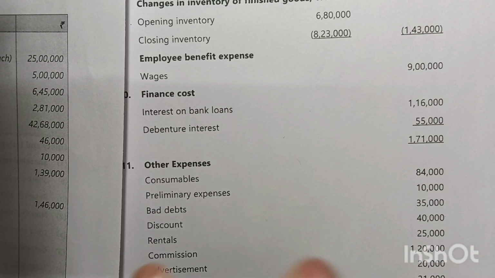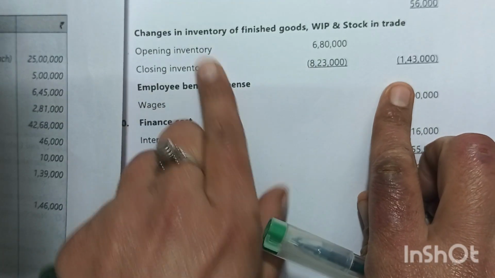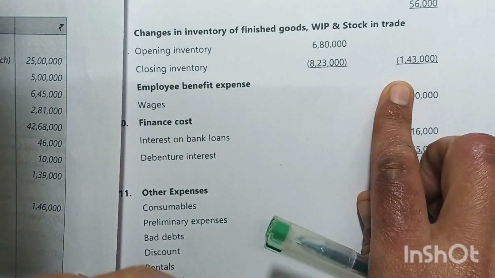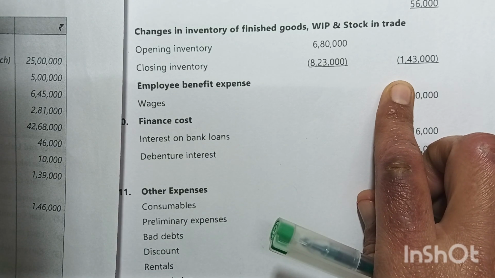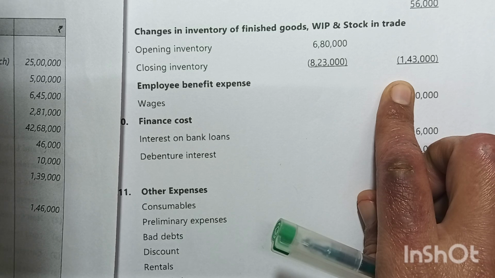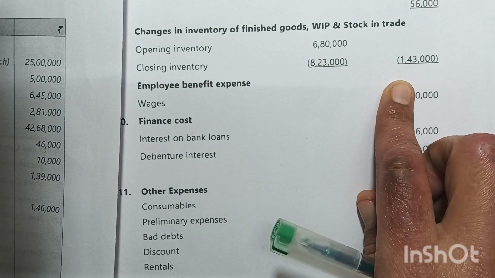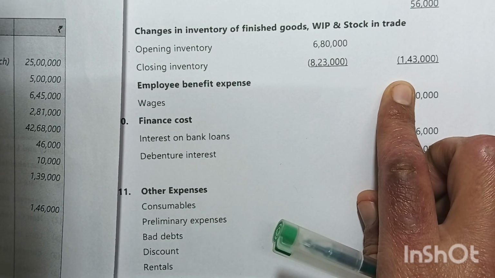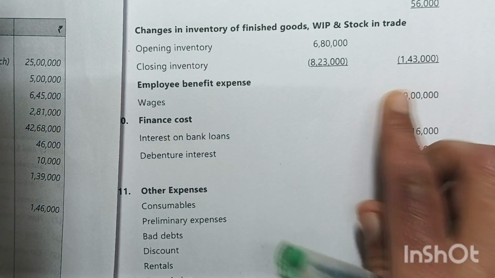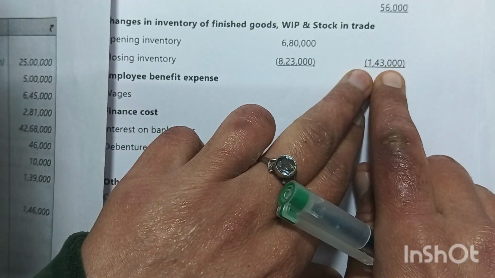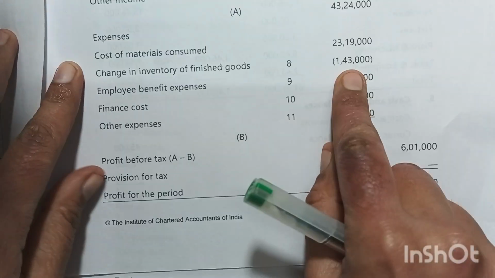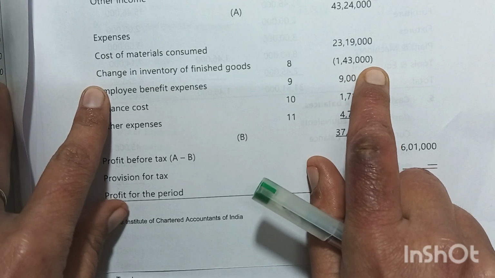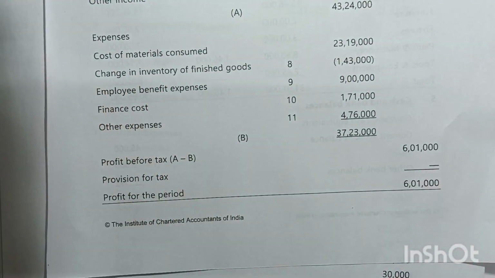It is a direct expense for us, so we consider it as a change in inventory. From the change in inventory we see how much we have purchased, or the level of our expenses for stock purposes. So that's why we will take the difference as an expense in our P&L, and they have considered here 1,43,000 as change in inventory of finished goods.